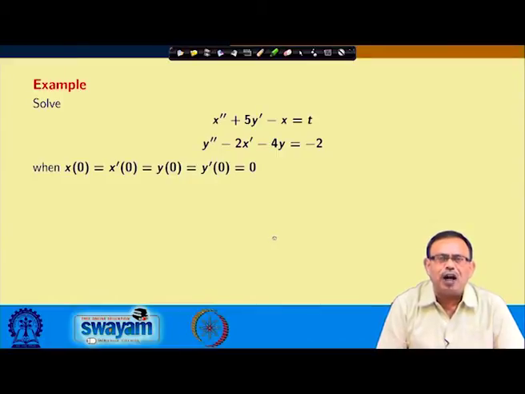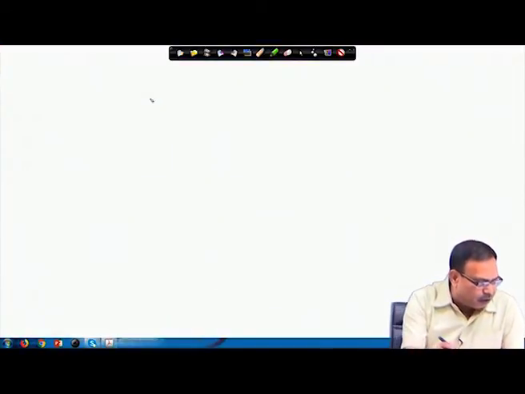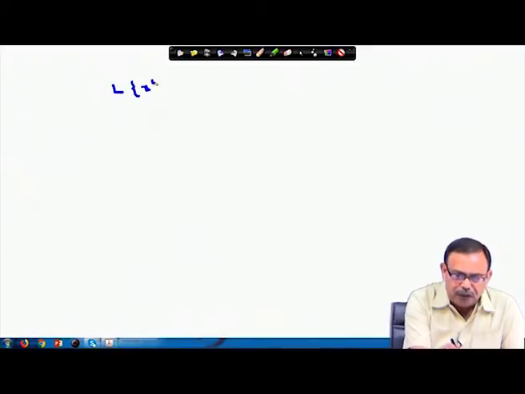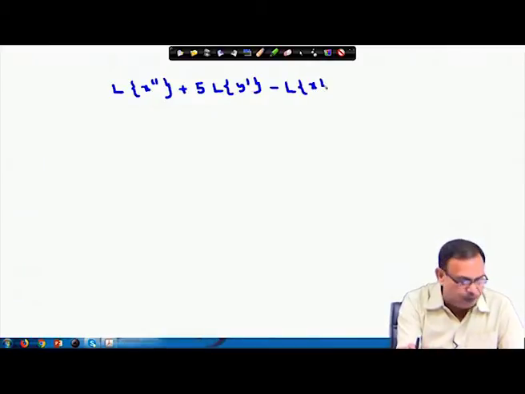And for this one, let us first take the Laplace transform on both sides of the given equation. Once I am taking the Laplace transform on both sides, I will obtain the Laplace transform of x double dash plus 5 into the Laplace transform of y dash minus the Laplace transform of x, which equals the Laplace transform of t.